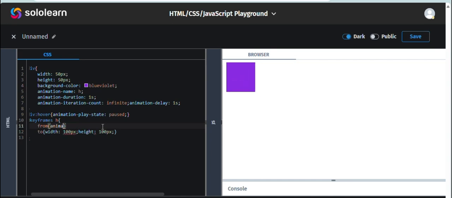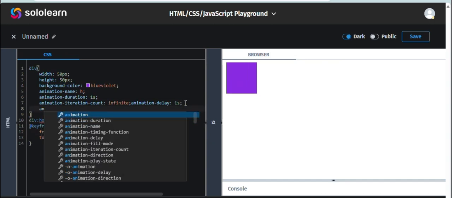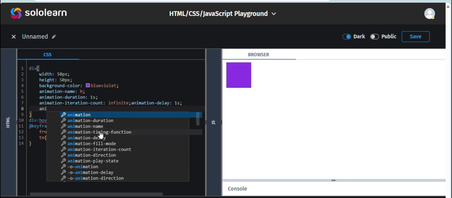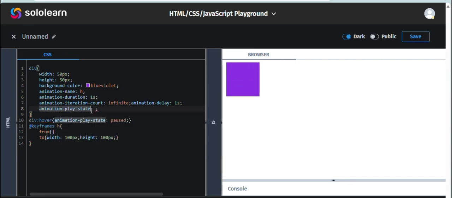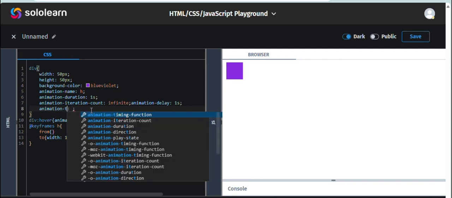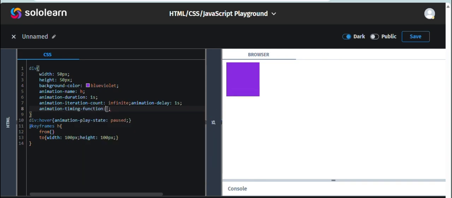So, what else? Animation timing function. What does this mean? Well, linear is like a normal movement, so smooth.